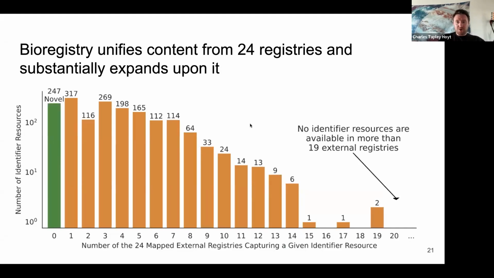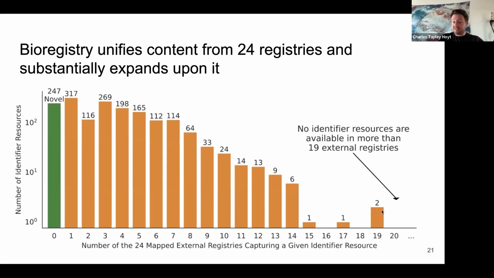In case you weren't already convinced that the Bioregistry is a substantial leap forward on what exists already, here's a chart that shows how many external registries have a given prefix. Most prefixes are only available in one other one. Some of them are available in 2 or 3 or 4.